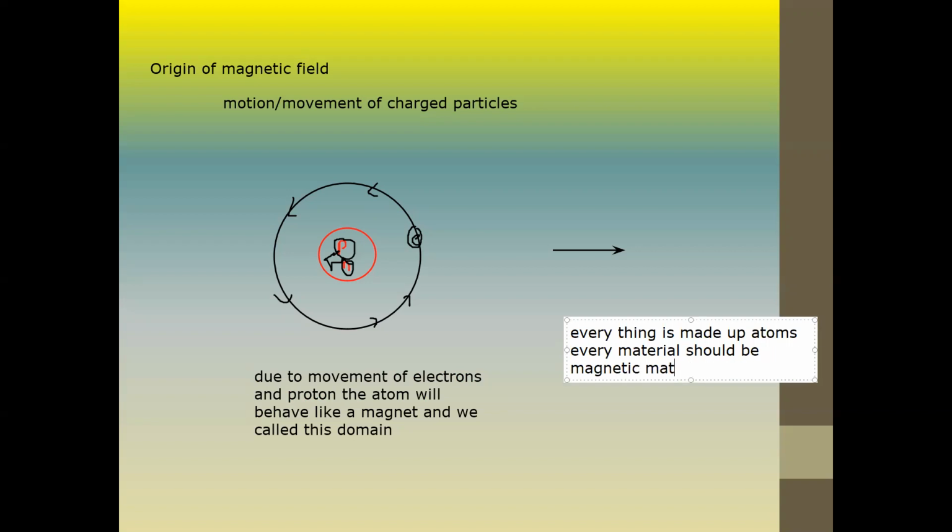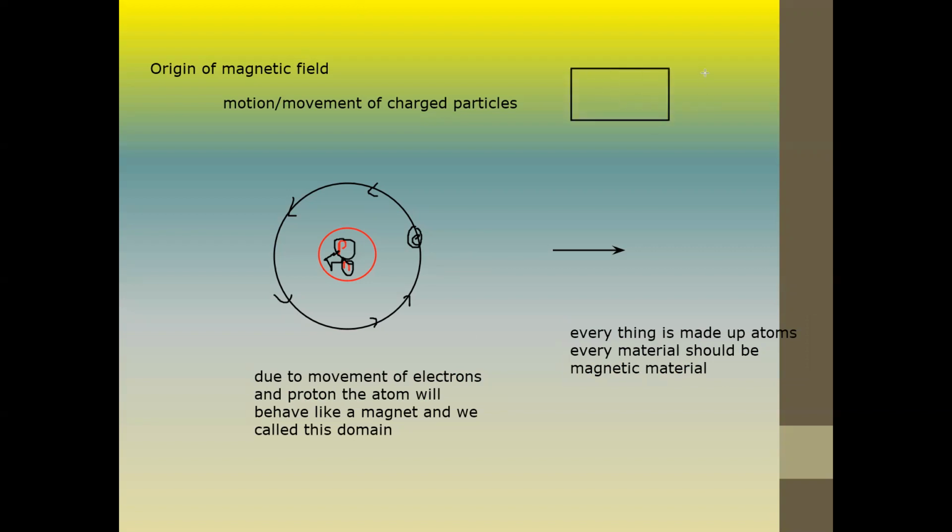But in reality, all materials are not magnetic materials. There are only specific materials which are magnetic. The rest of the materials are non-magnetic, or not behaving like a magnet. What is the reason why some materials are behaving like a magnet and some materials are not? The reason is the alignment of these domains.